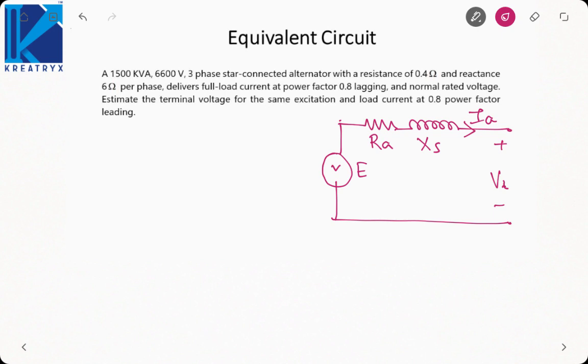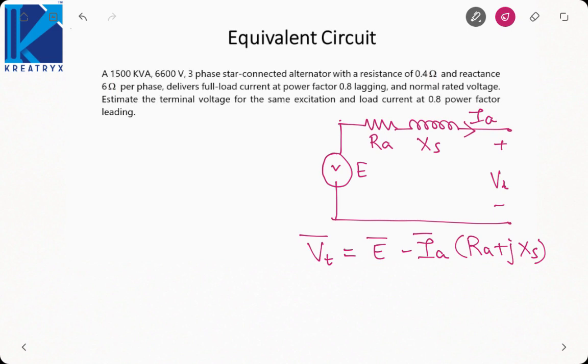So basically here VT is equal to E minus IA times (RA plus J XS). That is the basic equation based on the equivalent circuit of a cylindrical rotor machine.